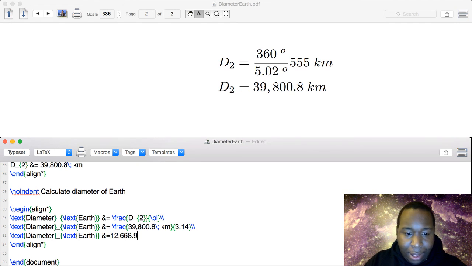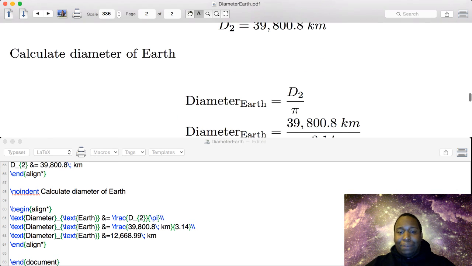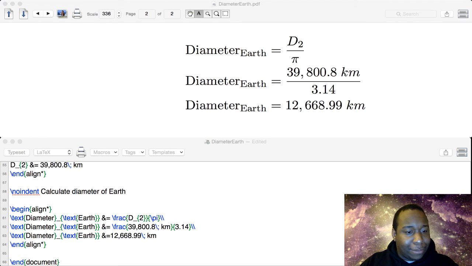This should be 0.99 kilometers. I hope this is right. So this is our final answer. The diameter of Earth should be roughly equal to 12,668.99 kilometers. It's somewhere nearby. I'm pretty sure there's going to be some rounding errors in there, but let's go ahead and check our work. Unless you guys have already checked it, let's see if this is correct.